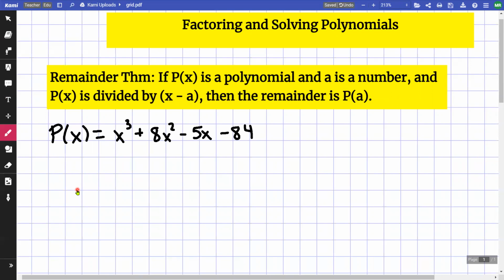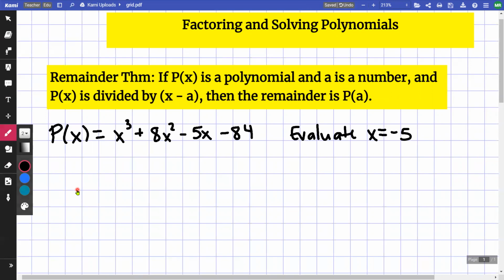And let's say that what they wanted us to do is they want us to evaluate when X is equal to -5.